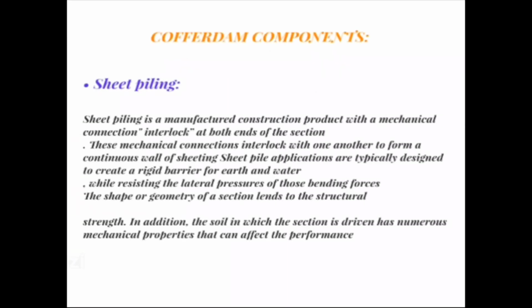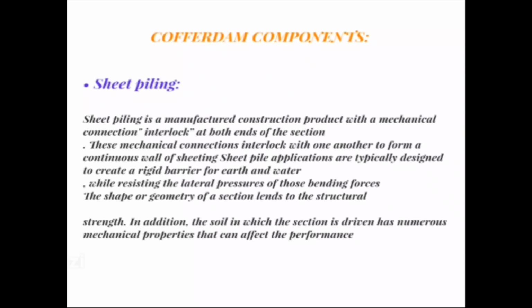Cofferdam components. Sheet piling. Sheet piling is a manufactured construction product with a mechanical connection interlock at both ends of the section. These mechanical connection interlocks link with one another to form a continuous wall of sheet piling.